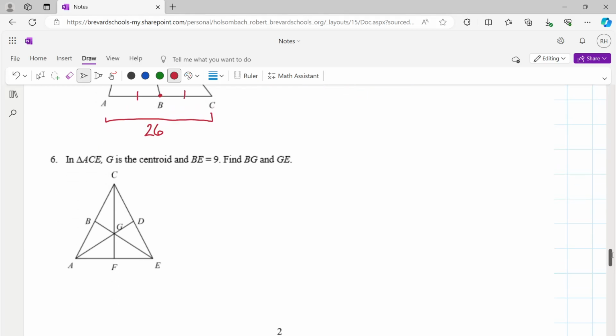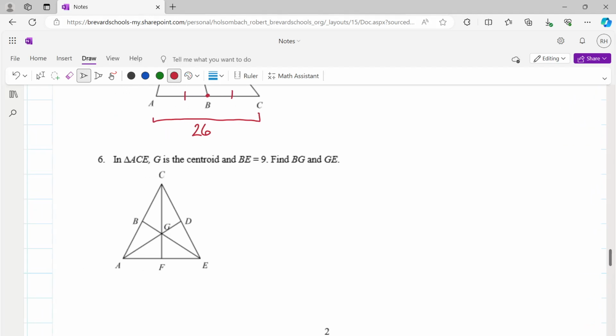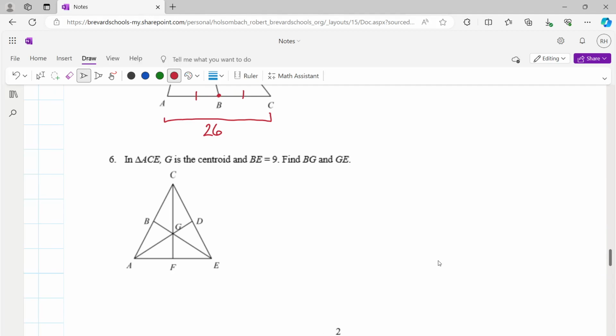Problem number 6. In triangle ACE, G is the centroid, and BE is 9. So B to E is the entire median, right?